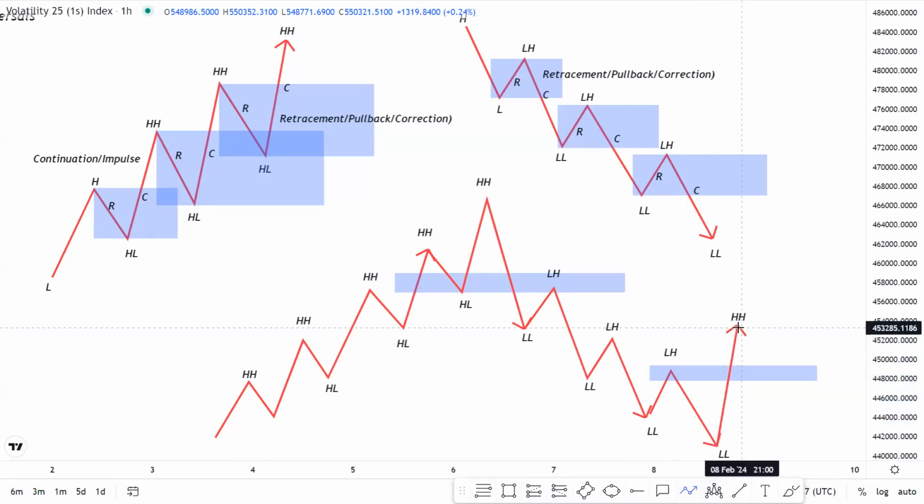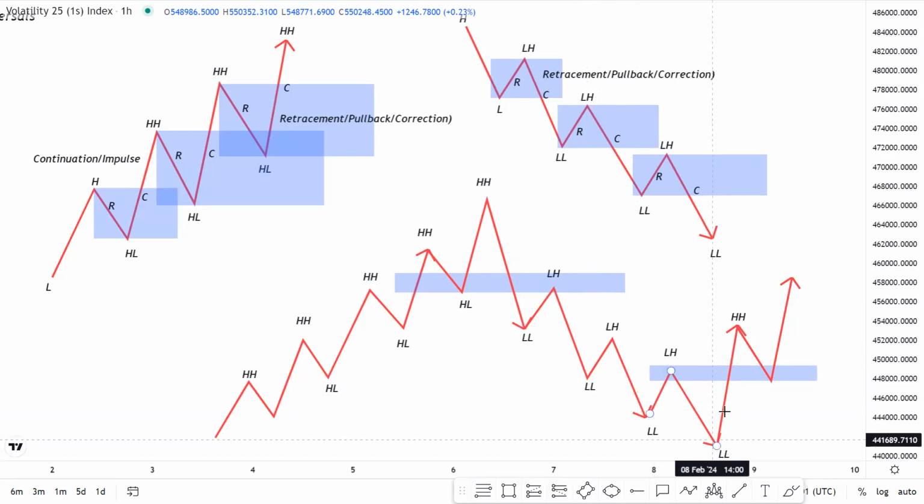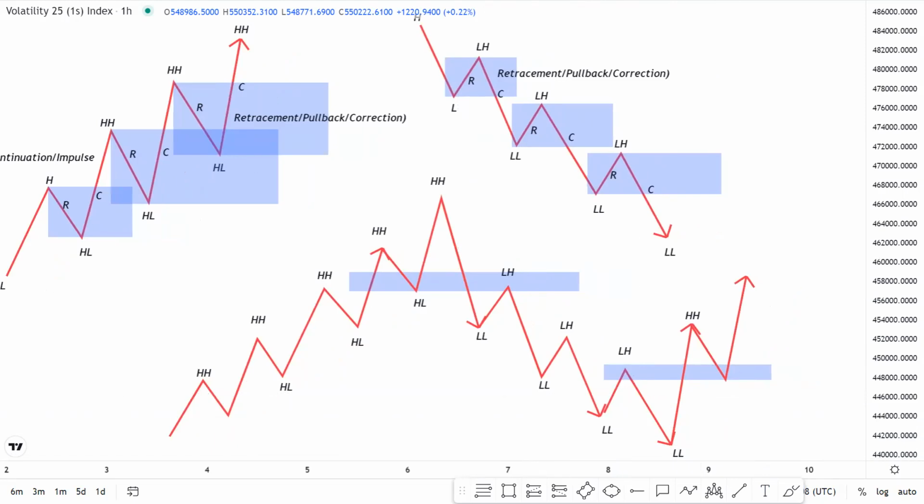And usually when the reversal kicks into the market, we tend to see price continue to make what? Impulses, retracements and then continuations. After the reversal, price tends to continue with the impulse and then the retracements.